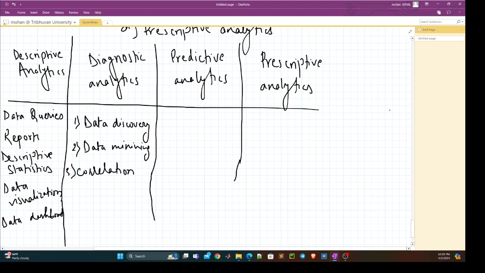Right, in predictive analysis we'll use techniques known as linear regression, and the second one is going to be time series analysis and forecasting.